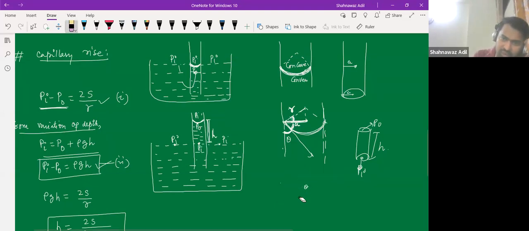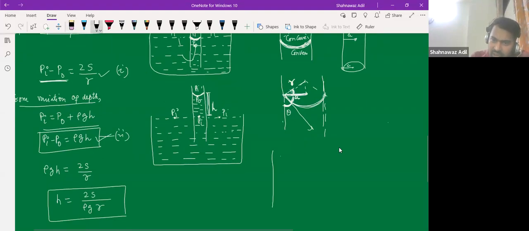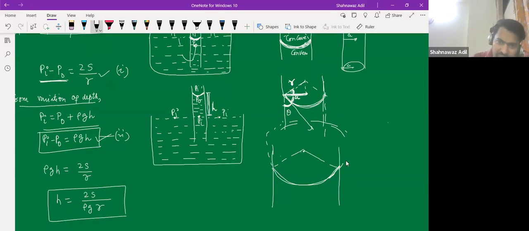So what do we have? We have this part, and this is the concave part. What did I tell you guys? The radius of this part, which is making the drop or the bubble, is equal to this radius part. So this would be the radius of that concave part, and we don't know this radius.